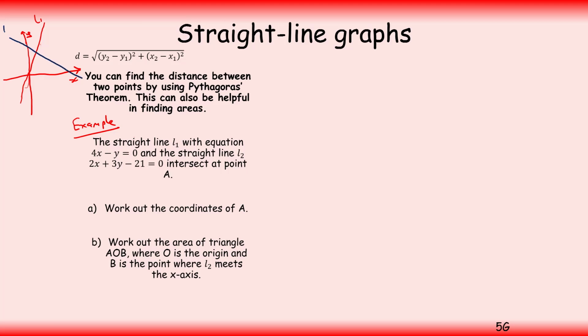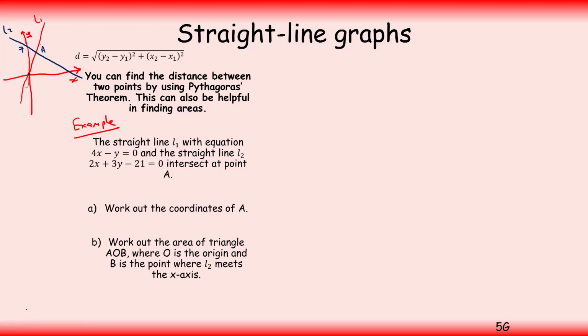That's my L2 line. And the intercept is going to be 21 divided by 3, so it's going to cross at 7 there. And that's the origin. L1 passes through the origin there. Okay, good. And that's my point A where they intersect. So it's just a quick sketch while I'm thinking about this question.